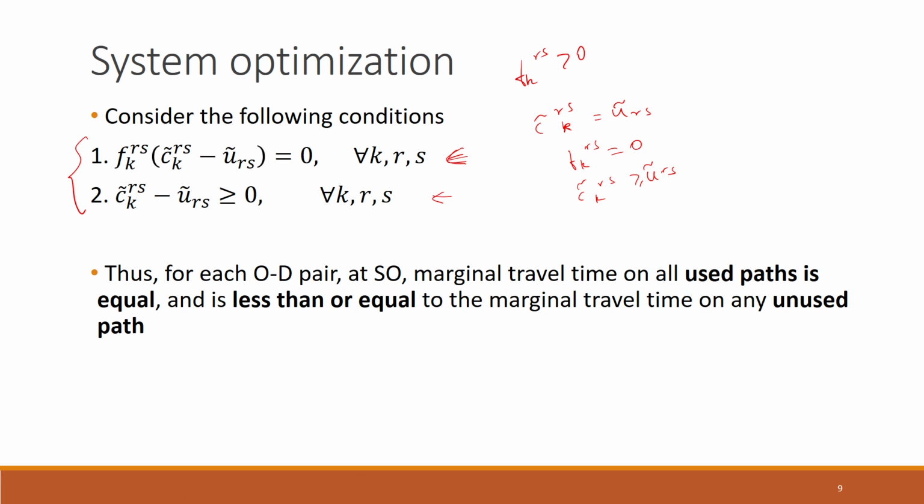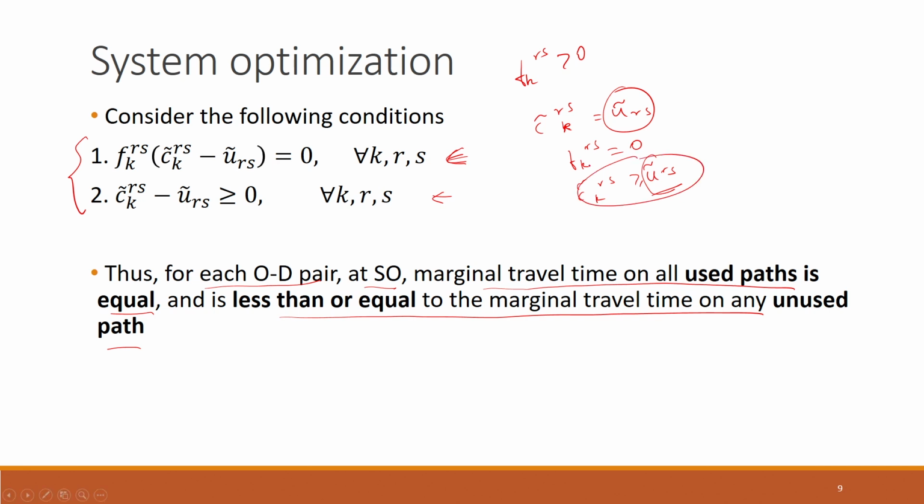Now considering that this U tilde RS has to be the least marginal travel time on any path connecting R to S, therefore, what we can say is that for each OD pair at system optimization, the marginal travel time on all the used paths is equal to this and is less than or equal to the marginal travel time on any unused path.